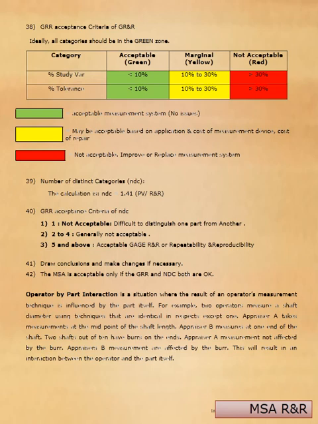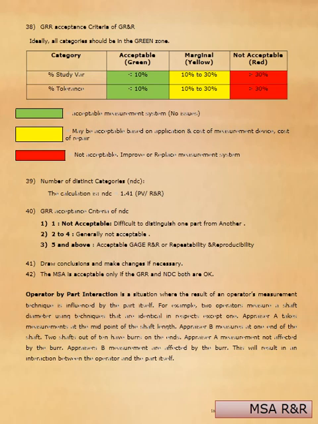Now, operator-part interaction. It is a situation where the result of an operator's measurement technique is influenced by the part itself. For example, two operators measure a shaft diameter using techniques that are identical in all respects except one. Operator A takes the measurement at the midpoint of the shaft length.